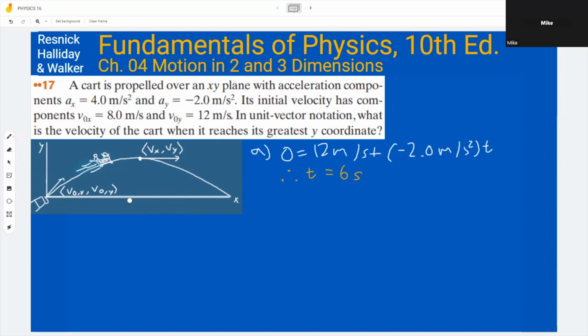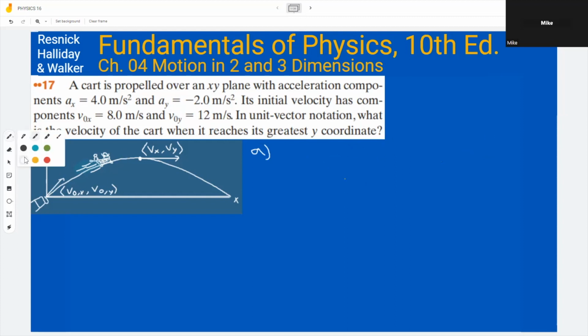So r of t vector is equal to, tapos yung i component tapos yung j component. And then from there, ano yung magiging velocity vector in unit vector notation din?